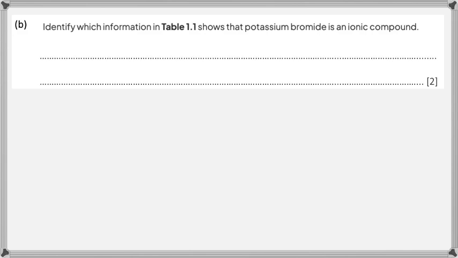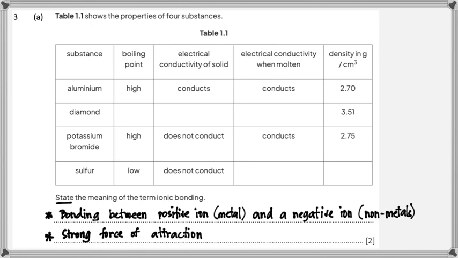Now for letter B, identify which information in Table 1.1 shows that potassium bromide is an ionic compound. Okay, so we have this substance, potassium bromide. It's asking which information shows that it is an ionic compound.